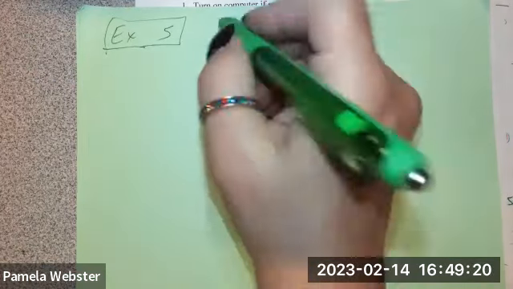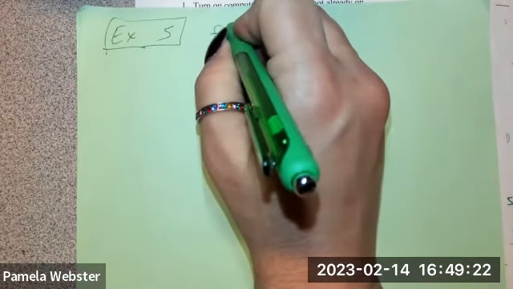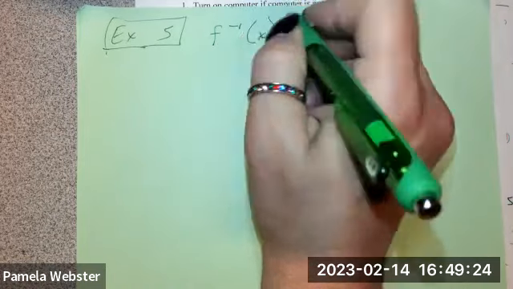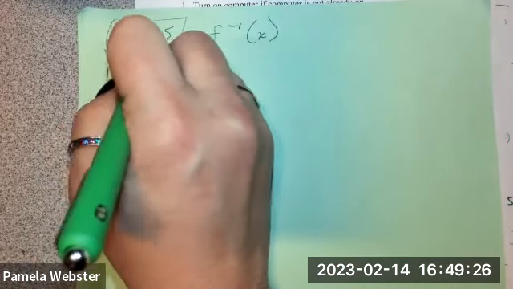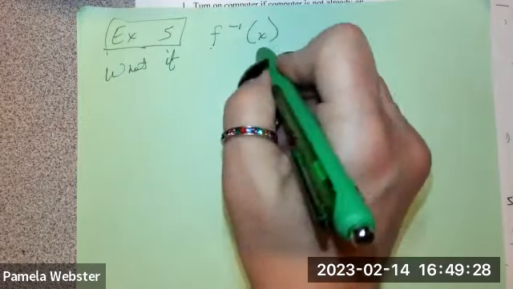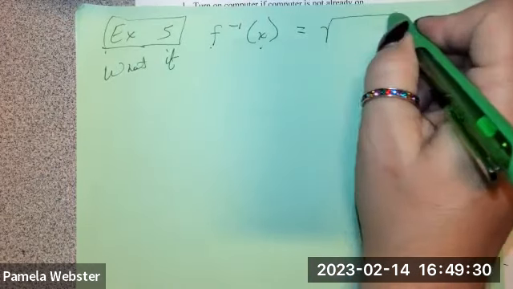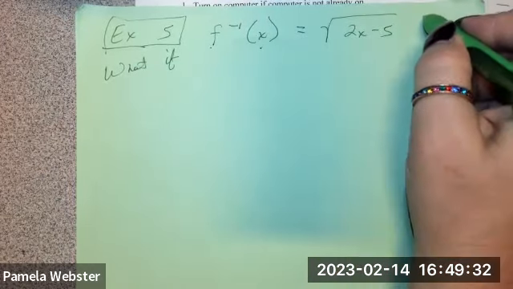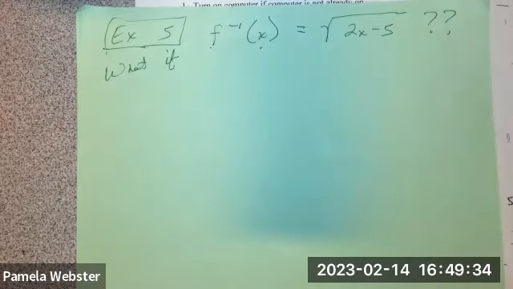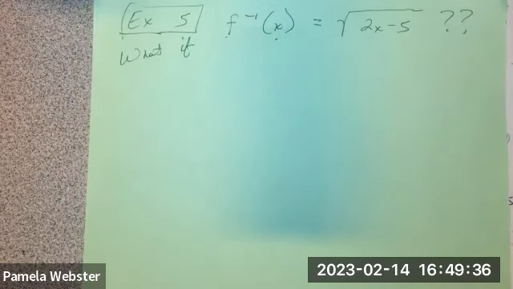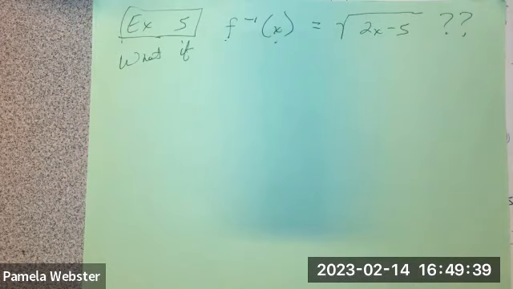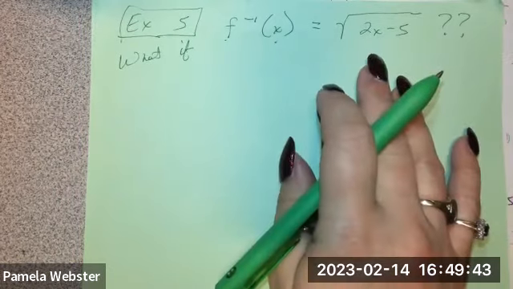Too much duplication. But what if f inverse of x is equal to the square root of 2x minus 5? Okay, that's what I want to know. So I'm going to assume that you had an original function and you found the inverse, and this is what you found to be the inverse.